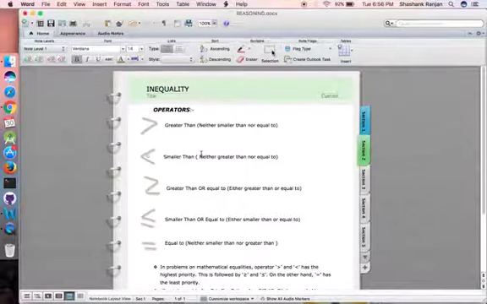Now we are talking about the topic of inequality. First, what are the operators? We first need to know the basics and the terms used in the inequality topic.